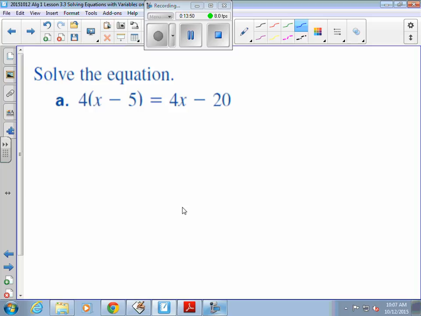Okay, before you try to bring anything across, you have to eliminate unnecessary grouping symbols, like distributing. 4 times x is 4x. 4 times negative 5 is negative 20.